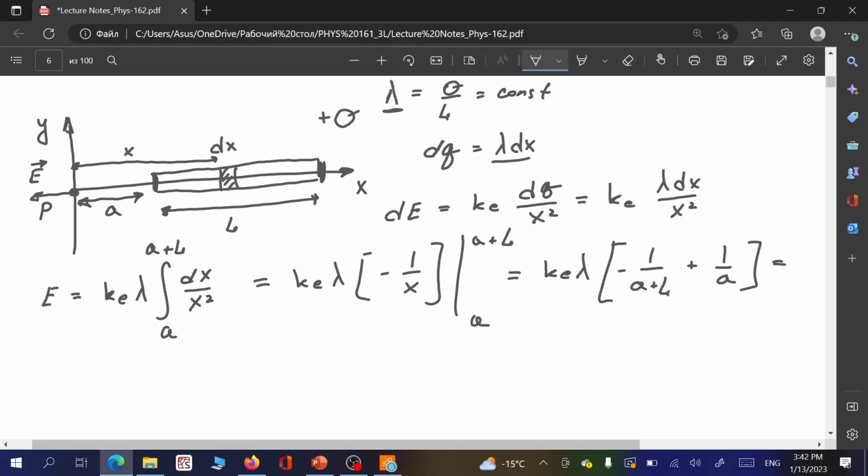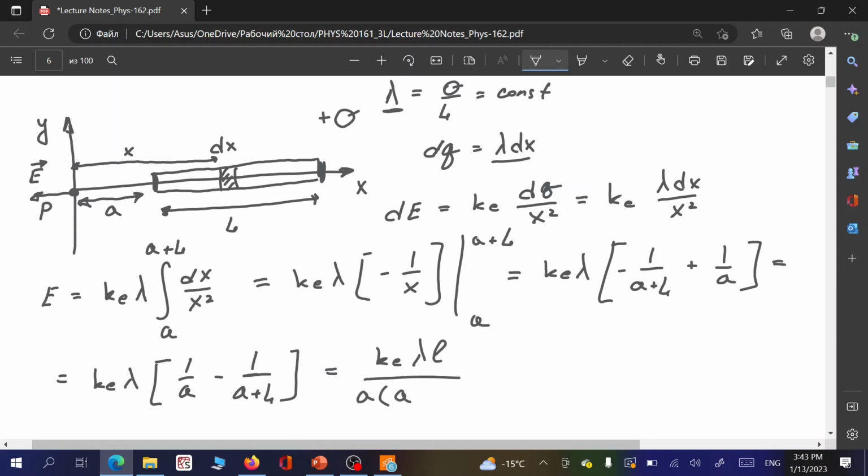So we can rearrange it: Ke times lambda, and here we have 1 over A minus 1 over A plus L, and end up with Ke times lambda times L divided by A times A plus L.